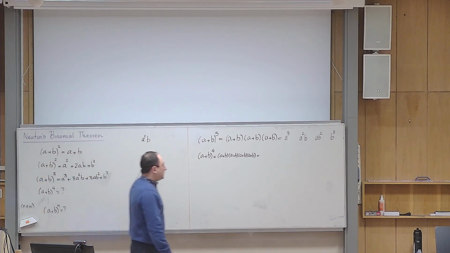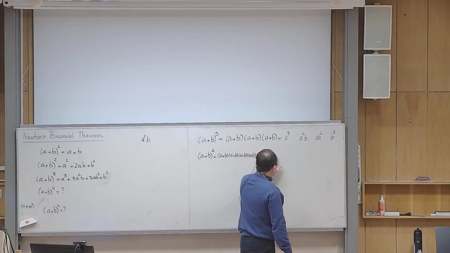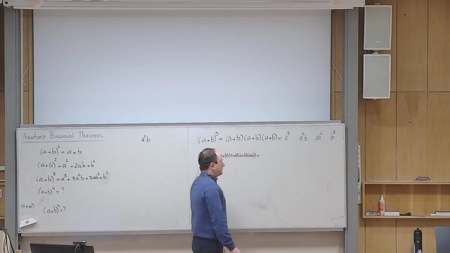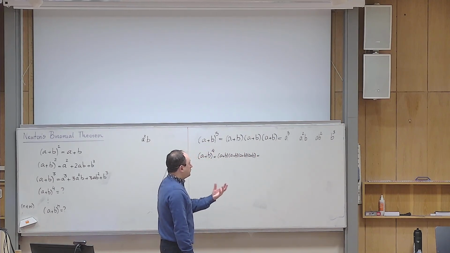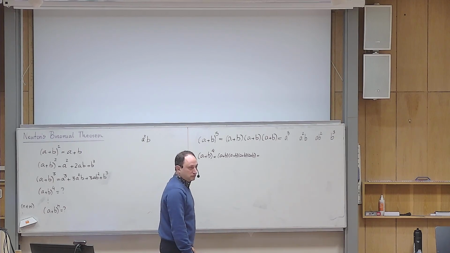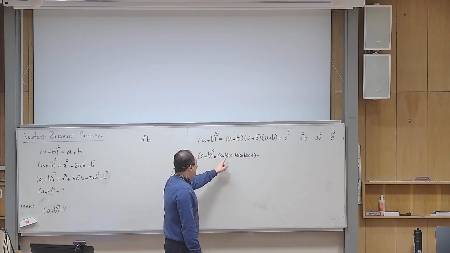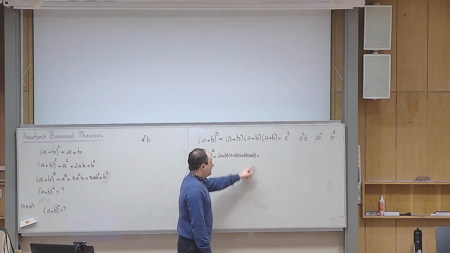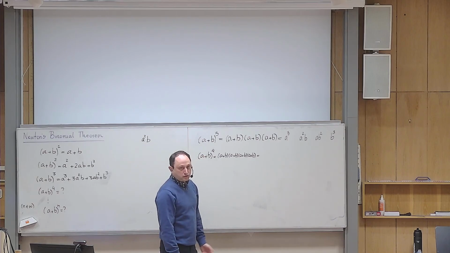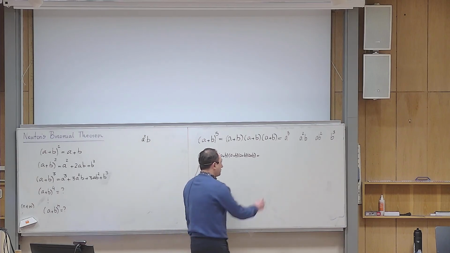So for example, let me ask you, what is your opinion about the terms involved here? Can you guess what the form of the terms is, without the coefficients for the time being? So you might say that, okay, I can choose A from here, A from here, A from here, A from here. It gives rise to which term? A to the fourth, yes?